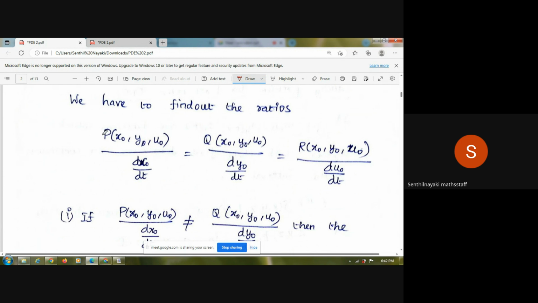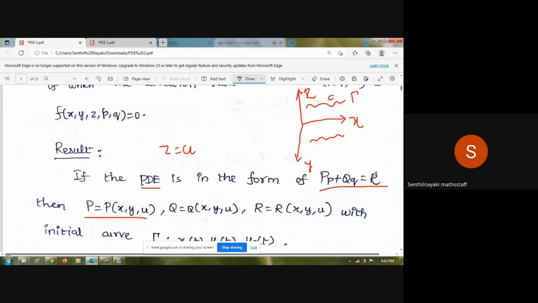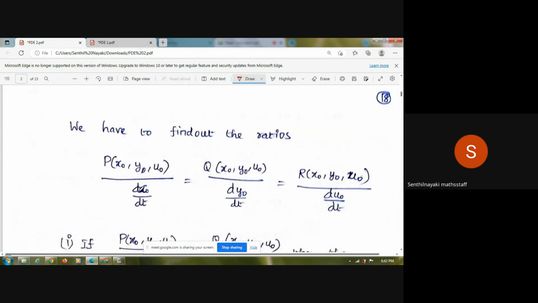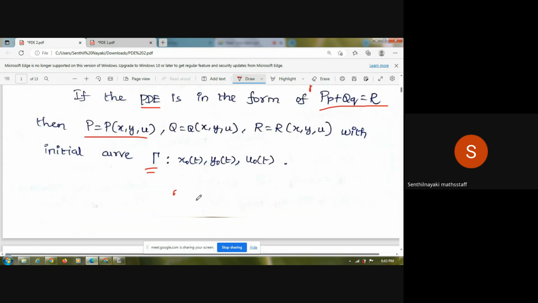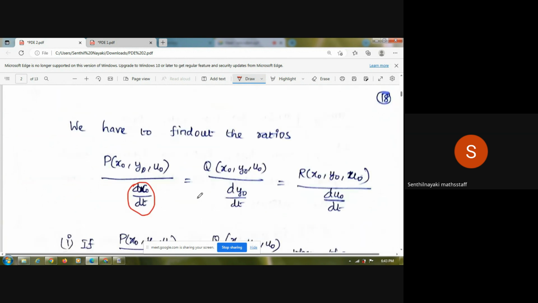The P value can be obtained from the given equation, capital P, capital Q, capital R. But what about dx naught by dt? They have given one equation. From this equation we can take the x naught value in terms of t. Similarly y, similarly u. So we get x naught, y naught and u naught. After that we have to differentiate those three functions with respect to t. Then we obtain the derivative values.